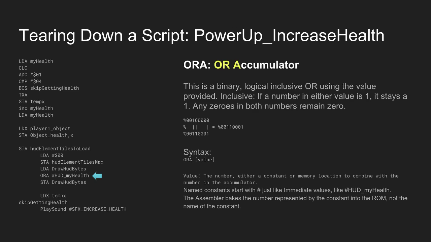What I mean by inclusive is if a bit in either of the numbers, the accumulator or the number we're using with the command, is a 1, it stays a 1. Any zeros stay zeros. So in this particular case, we are turning the bit represented by HUD myHealth to a 1.